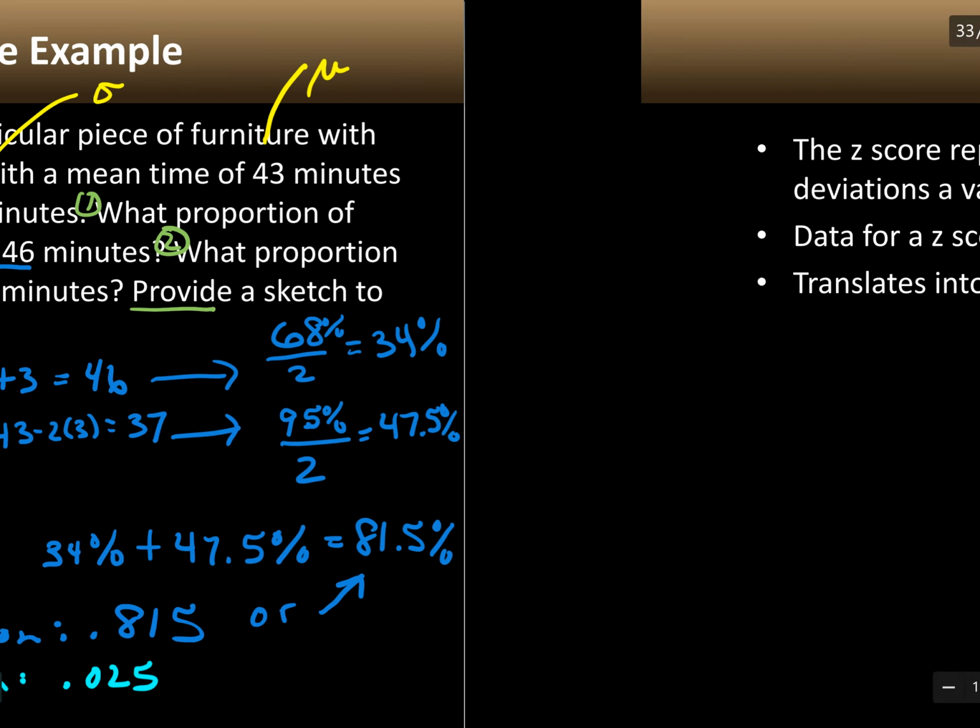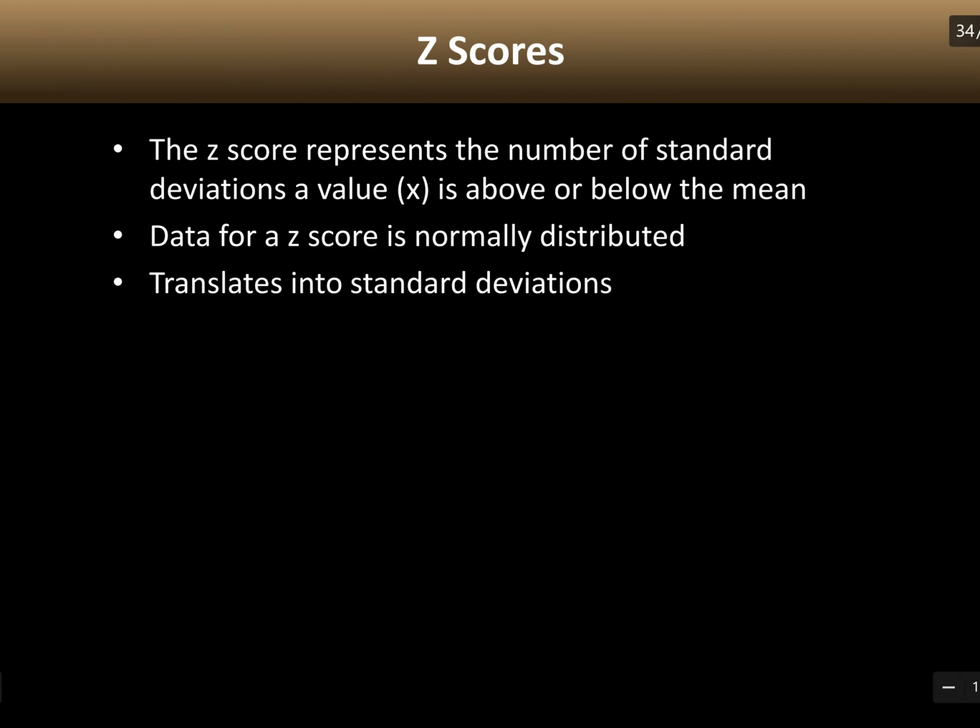Okay, so moving along to the z-scores. Now these are related to the normal distribution too. We are not going to use them in too much detail yet until we get to the normal distribution later on in the course. But for now, we will just know what a z-score is. This is when we can transform our data.